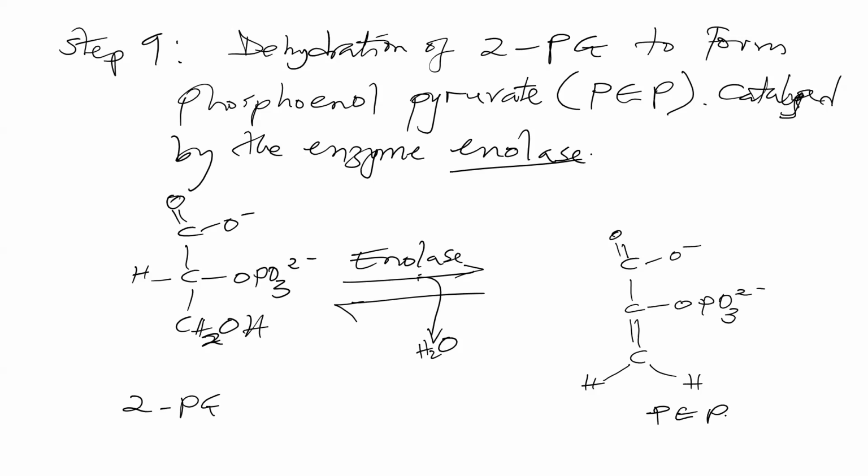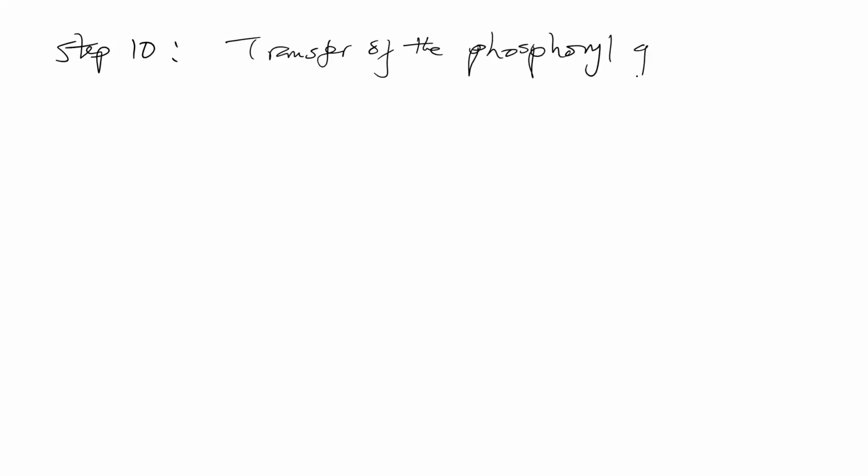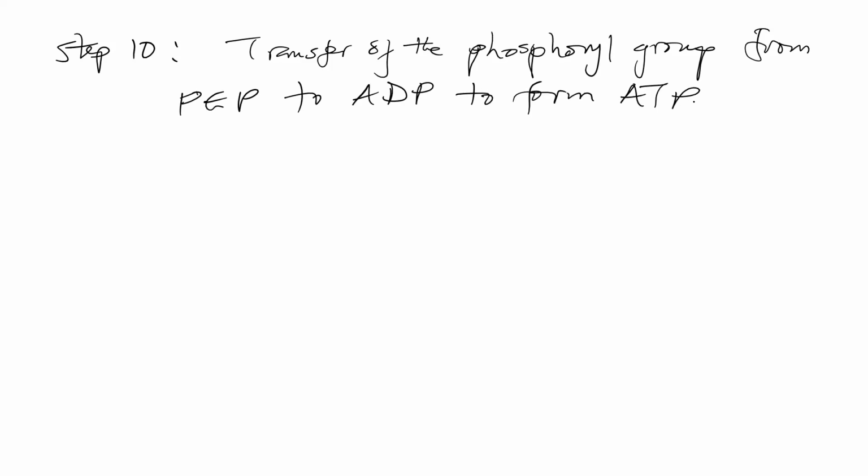Step number 10, which is the final step or the last reaction. In step number 10, there is a transfer of the phosphoryl group from phosphoenolpyruvate to ADP to form ATP and pyruvate.